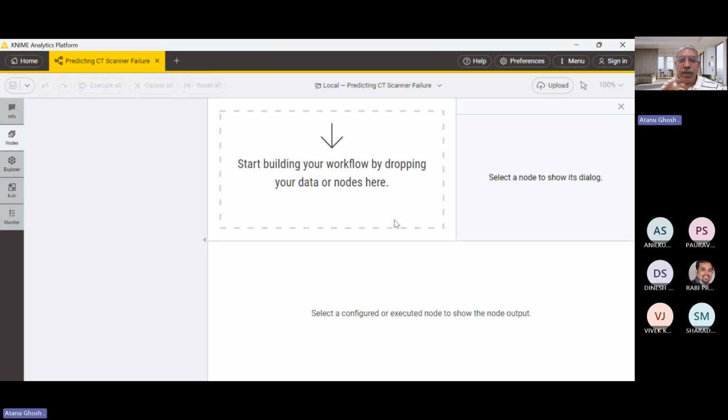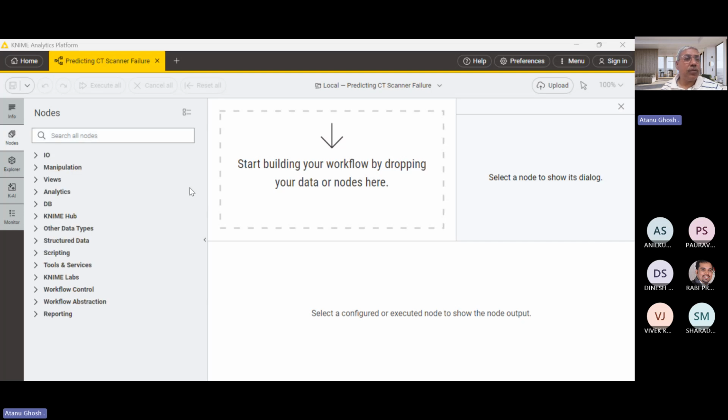The first few steps are very similar to what we did in logistic regression. First, we are going to read the file. I think the file is a CSV file, if I remember correctly. Let me pick up the file. No, we also have an Excel file. So let me take any one of them, Excel or CSV.